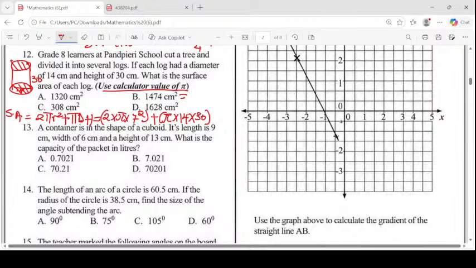Then times 7 squared, you close it, plus open another bracket, again pi, that is shift plus that button at the middle bottom line, times d, which is 14, times the height of 30, close it. So this is 1627.34. This is the most correct answer, but because there is no answer that has been provided here, we pick the closest answer, in this case 1628.